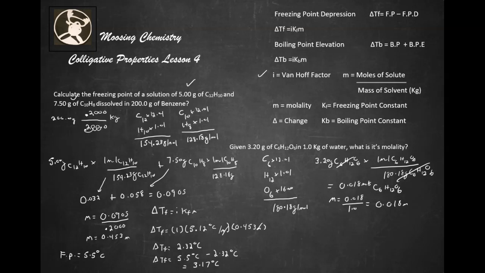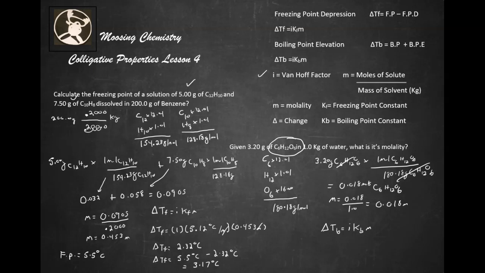Now all we have to do is put it in the delta TB problem and we'll have our answer. So we go delta TB equals i KB little m. That i, that Van't Hoff factor, is going to be 1 because this stuff right here is not ionic, so it's not breaking down into ions.